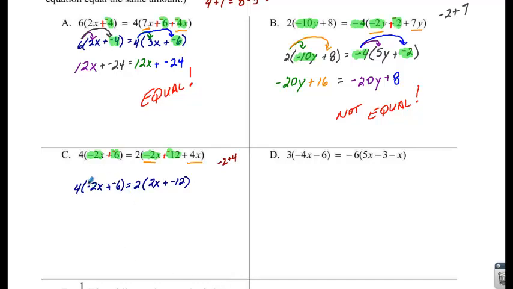Once again, I want to know where those negatives are when I start distributing. So here are all the negatives. It's like an Easter egg hunt. I don't want to miss any of those wonderful negatives.